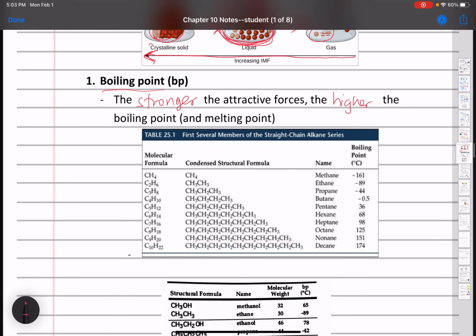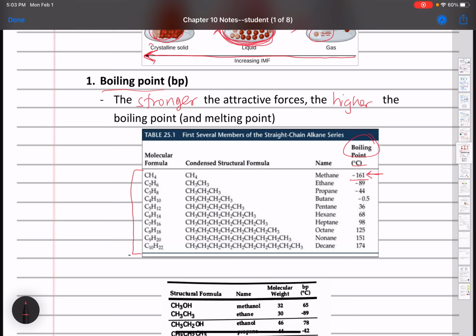So if we look at some trends, here is a list of alkanes, hydrocarbons that are just made of carbons and hydrogens. And here are their boiling points. Methane, which is the smallest hydrocarbon, has a very low boiling point of negative 161 degrees Celsius.